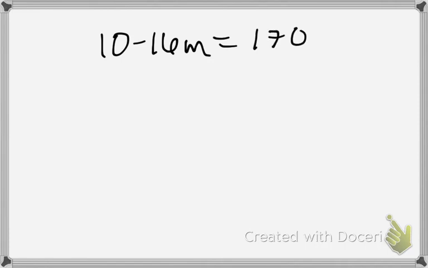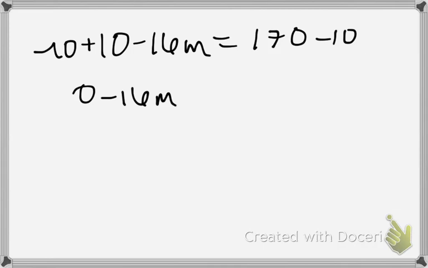If we go back to this, right? We want to undo this addition by subtraction. So I'm going to subtract. That's a positive, right? So I'm going to subtract 10 from that positive 10. And the same thing here. Well, if we just were simplifying, this negative 10 plus 10 is 0. And of course, 0 minus 16m is negative 16m.